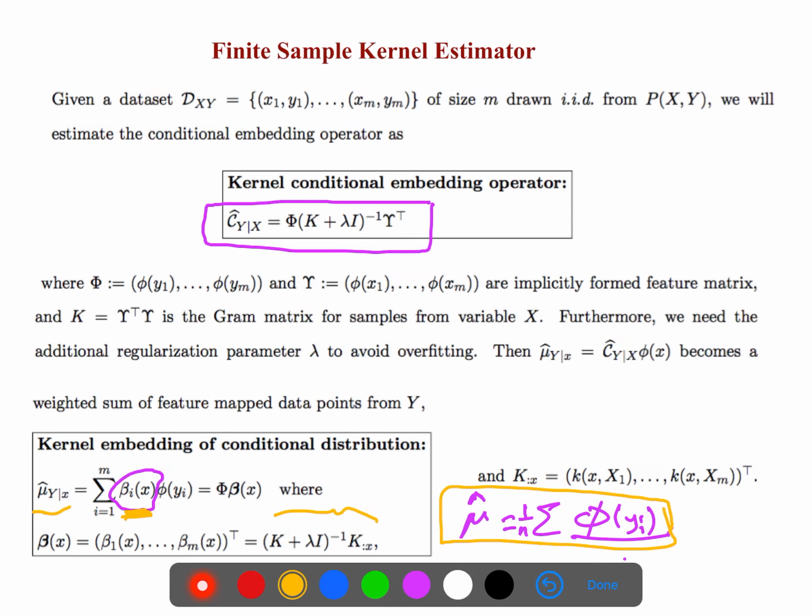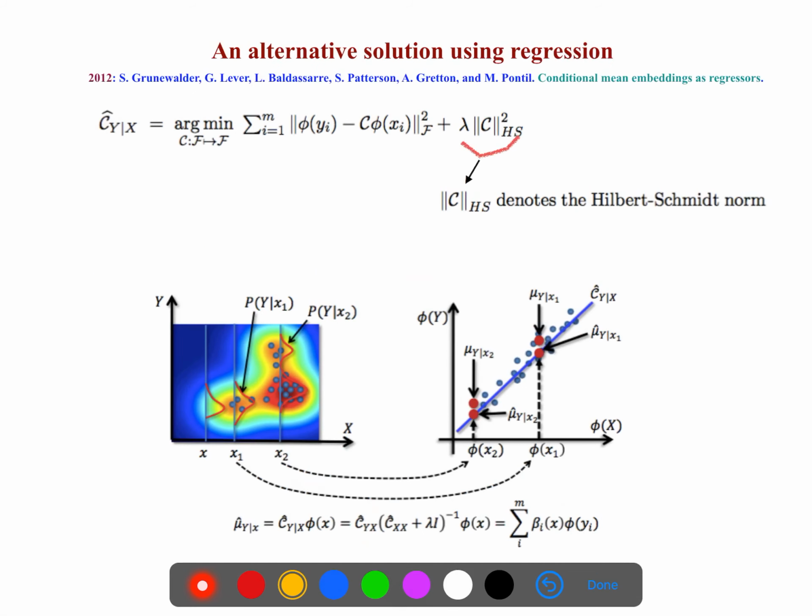And an alternative solution uses regression. I mean, this researcher showed in 2012 that you can represent that as just a simple regression.